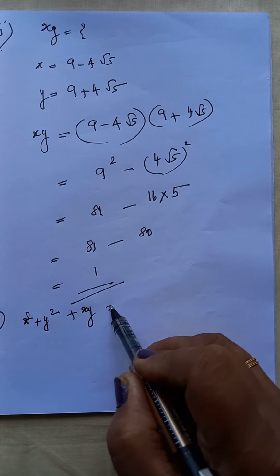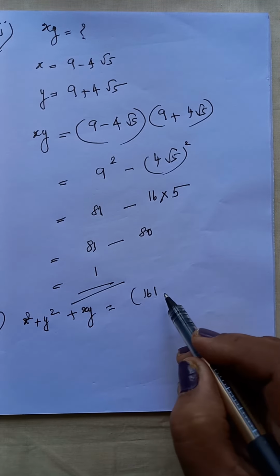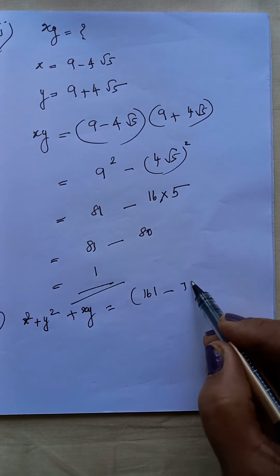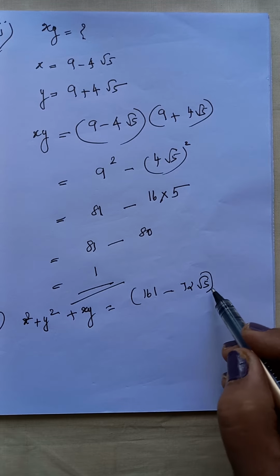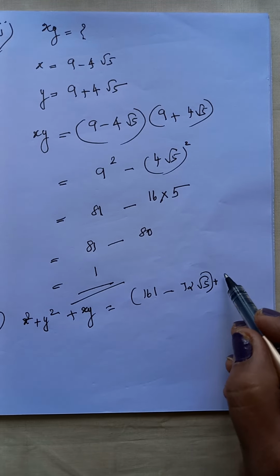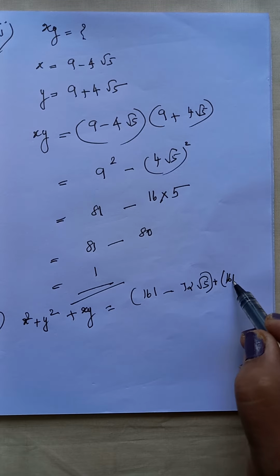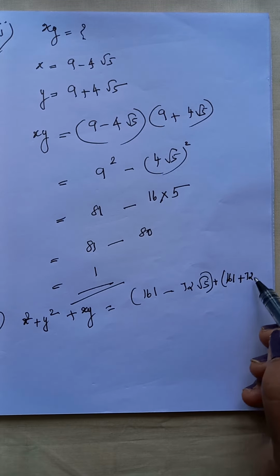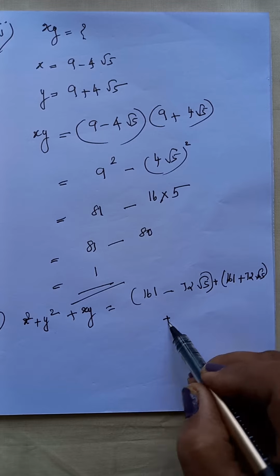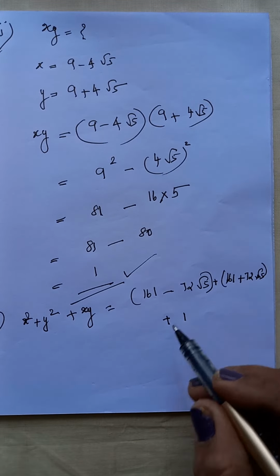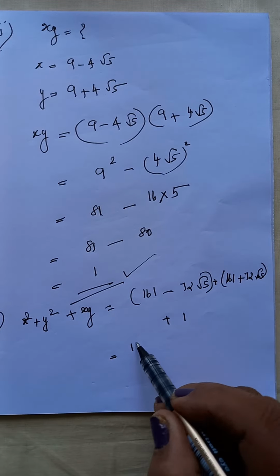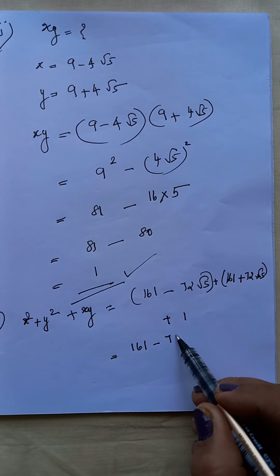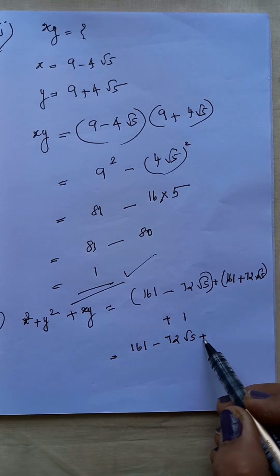We have found the value of x square as 161 minus 72 root 5. Then that plus y square, which we found as 161 plus 72 root 5, plus xy, that is 1. So this is equal to 161 minus 72 root 5. We can remove the bracket.